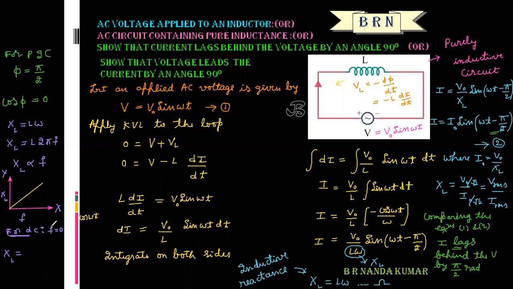If frequency is 0, what is the value of inductive reactance? That is equal to 0. So for the flow of DC, inductive reactance is equal to 0. How does the inductive reactance depend on frequency? That is directly proportional.